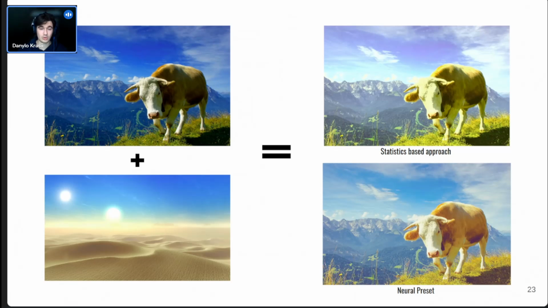So I decided to compare those results with Neural Preset. Here you can see a cow on Tatooine, with the style of Tatooine, and the statistics-based approach returns quite acidic colors. It lost a lot of details on the cow, while Neural Preset looks much more pleasant.